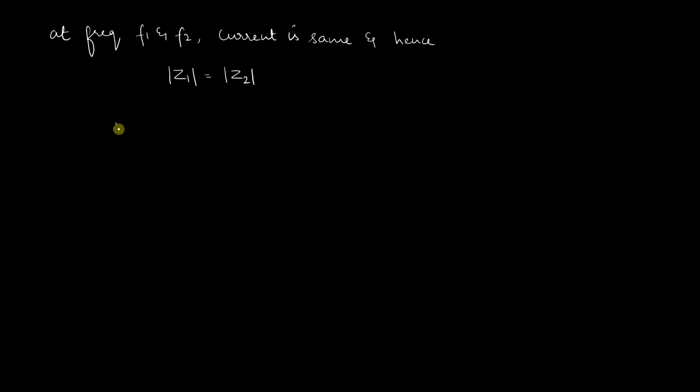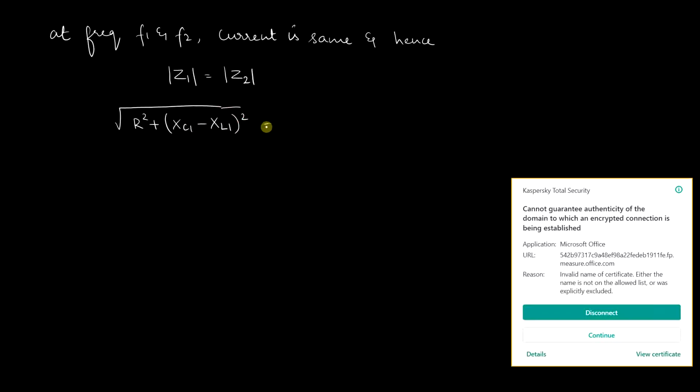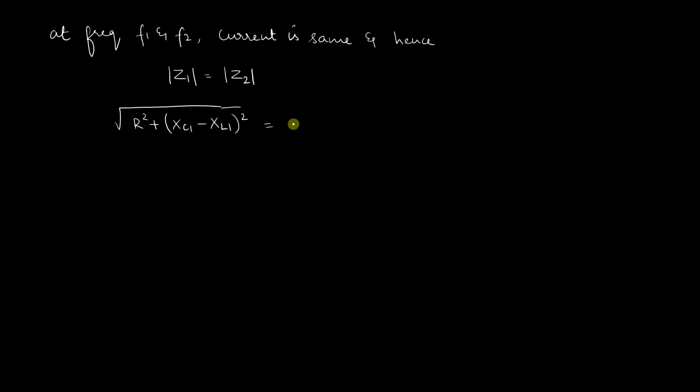So I can write this as square root of R square plus XC1 minus XL1 the whole square to be equal to square root of R square plus XL2 minus XC2 the whole square.